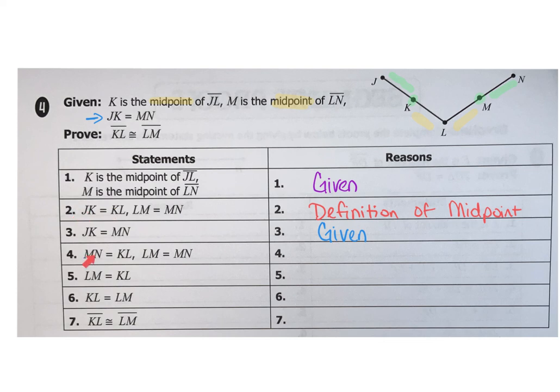Now they're saying that MN equals KL. But what did they do here? They replaced MN with JK. Why can you do that? Substitution. All they did was replace this little piece here with what we know it equals. So all they did was take line 2 and substitute.